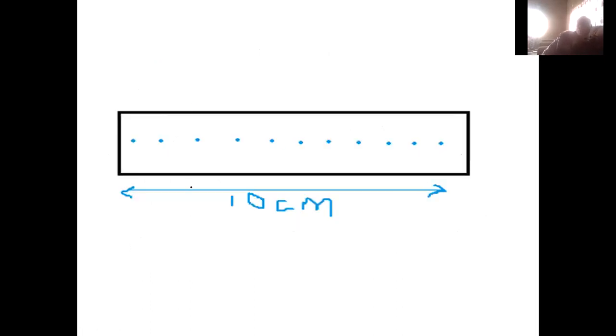So the first thing we need to know is to find the number of ticks, which is 1, 2, 3, 4, 5, 6, 7, 8, 9, 10. So we have actually 10 ticks.